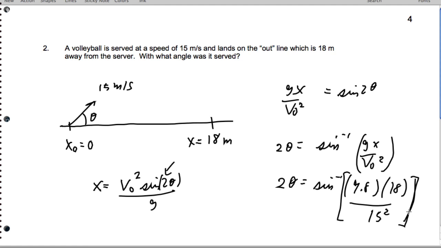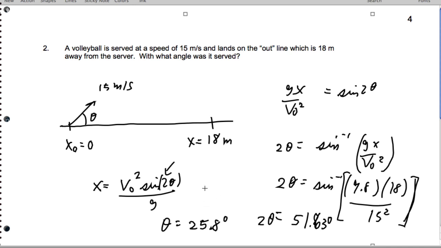When we get that, we're going to get 2 theta equal to 51.63 degrees, and that gives me theta is going to end up being 25.8 degrees.